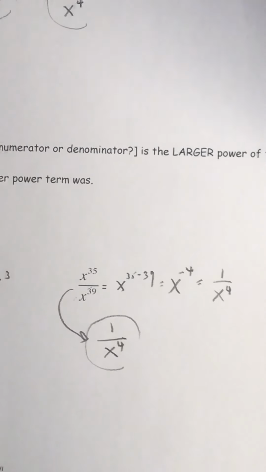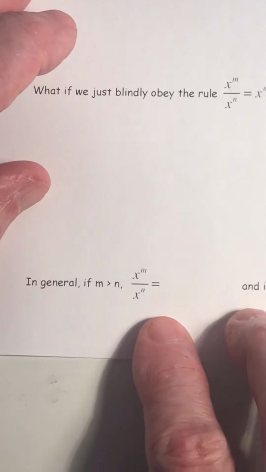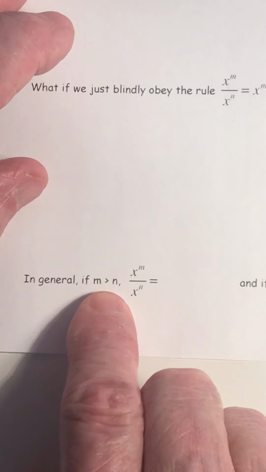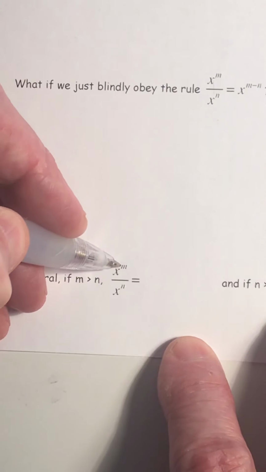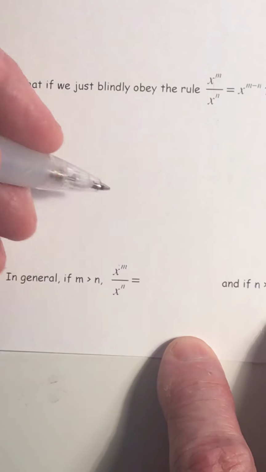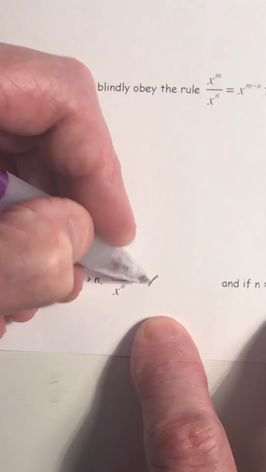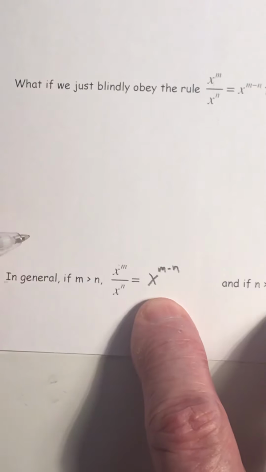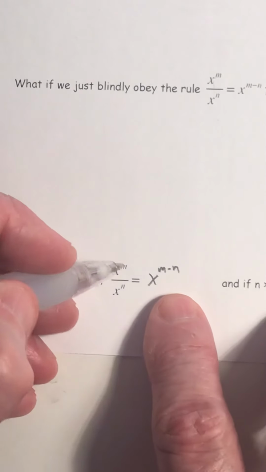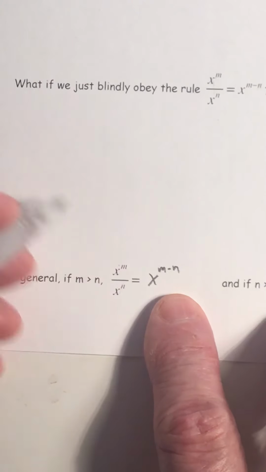Okay, so the bottom of this paper, and we'll end this page 1 video. If m is greater than n, in other words, if this exponent, the one on the top, is bigger than that exponent, then we get this answer. No more fraction, x to the power, bigger exponent minus smaller exponent.